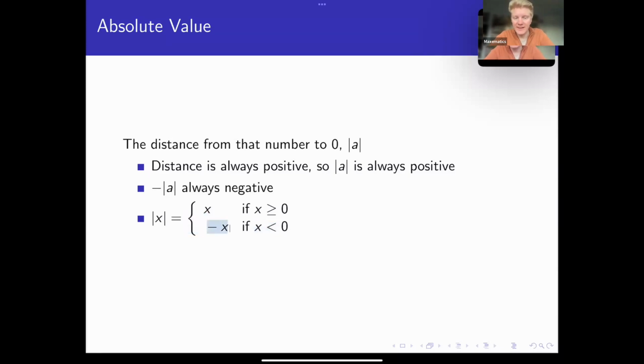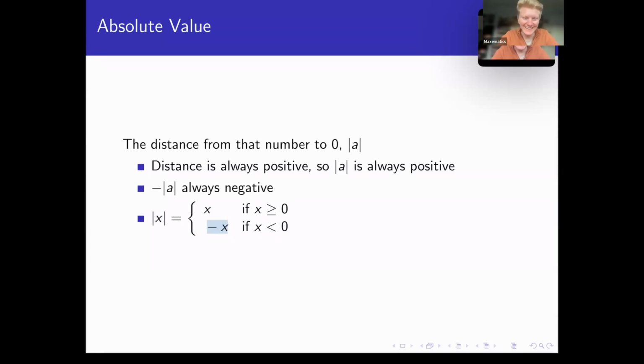So for example, absolute value of -5 would be negative x. -5 is less than 0, so if we plug in -5 into this, it says -(-5). Well, the double negative cancels out. It's now positive, and that's how we get 5. Uses some properties we're going to talk about at the end of the section, but there we go.